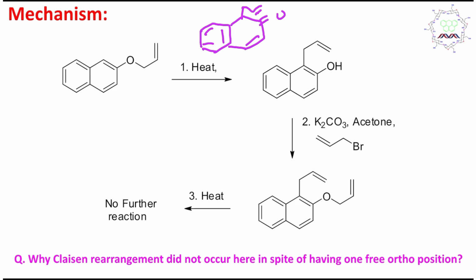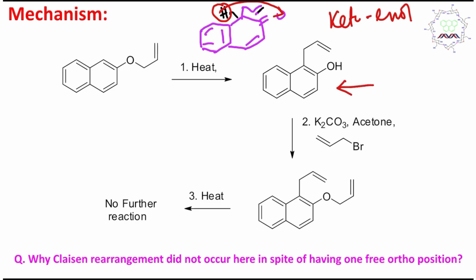This is an allyl system, this allyl double bond. There is already one proton there and this proton will be shifted from here to here. You can consider this part as keto-enol tautomerism, and aromaticity is the driving force. In this way it will produce this derivative.